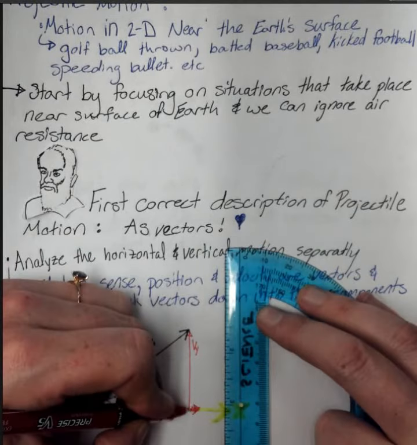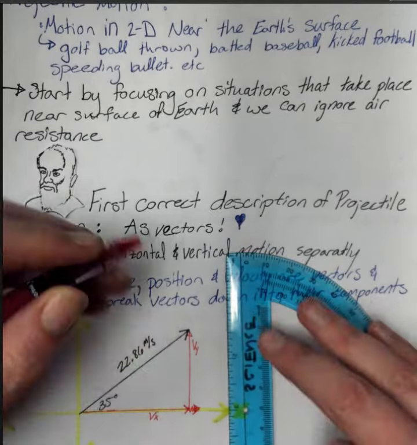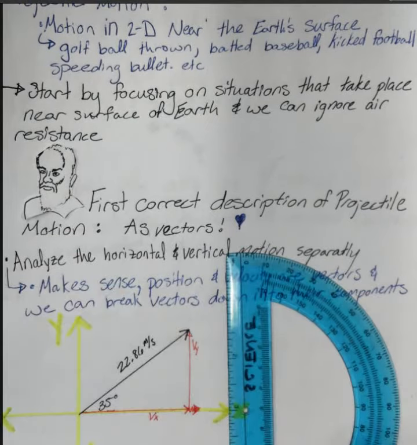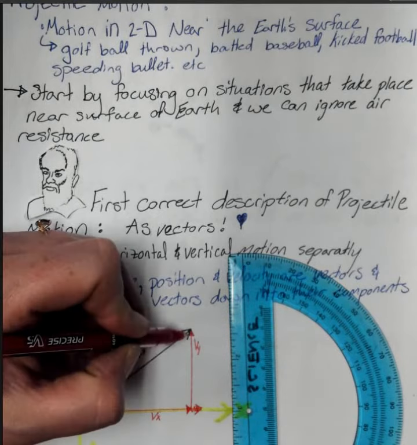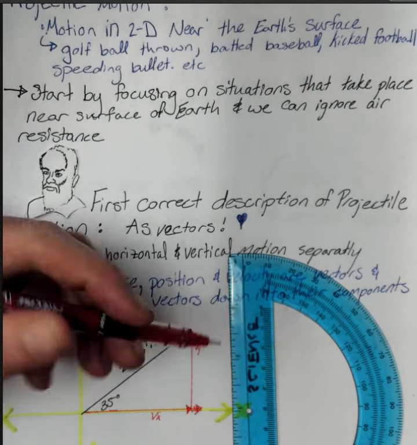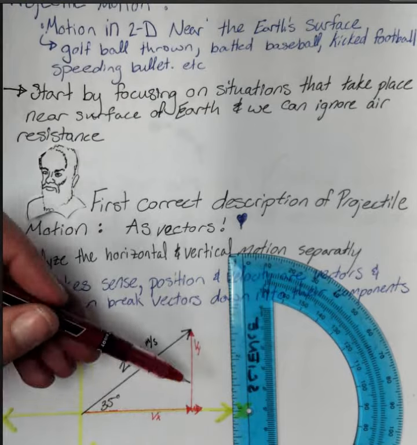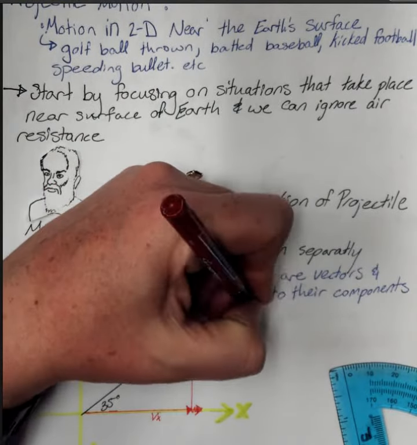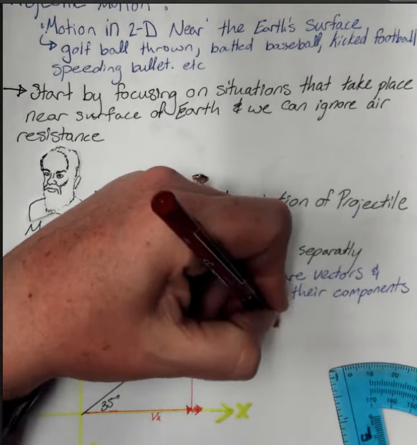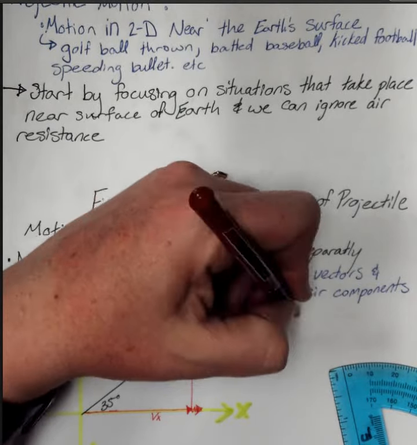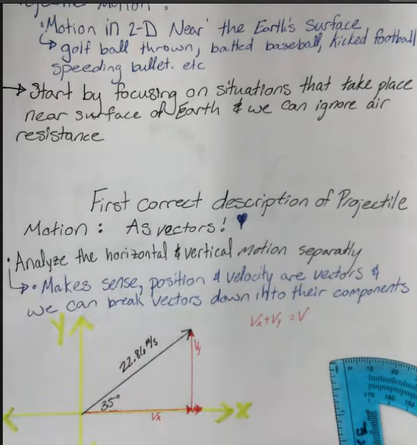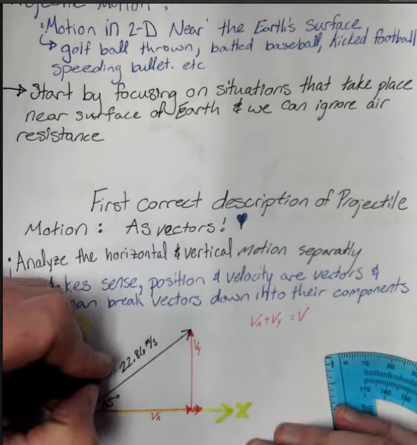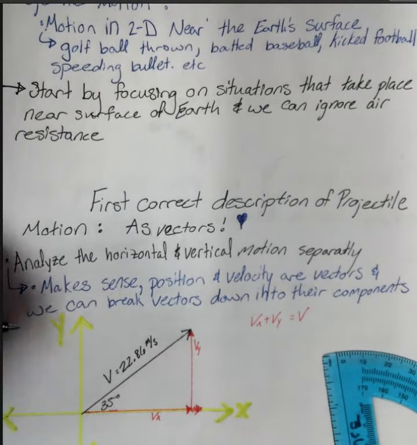I'm going to get rid of that because I like my drawings to be accurate, but I mess up sometimes. So now I know that this velocity vector is made up of the component Vx added to the component Vy. Vx plus Vy added vectorially will equal the overall vector V. And so we're going to name this overall vector V.